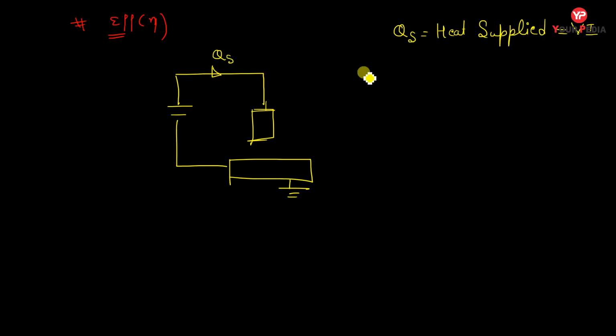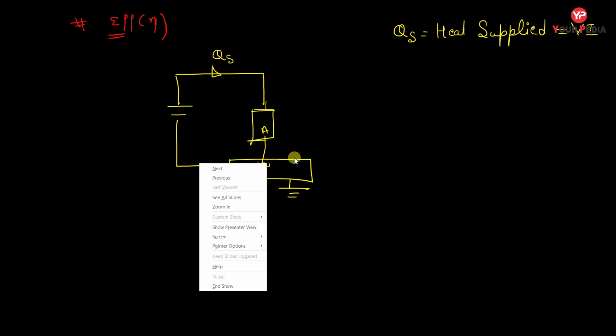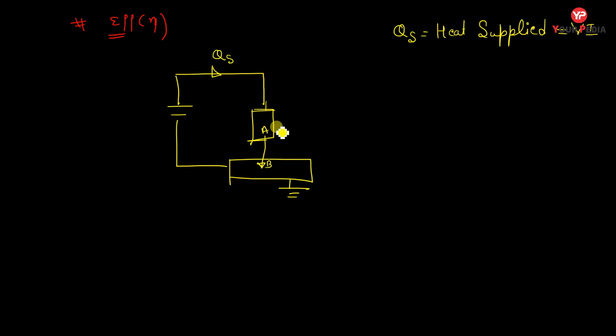When this power reaches there, it has to travel from point A to point B. During reaching from point A to B, some amount of heat is lost, for example Q loss 1. After losing some amount of heat, the rest is transferred here, and we call it QT, heat transfer.